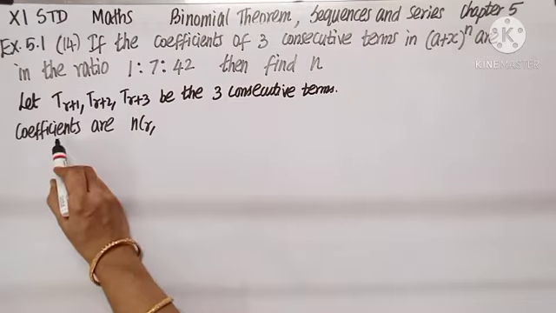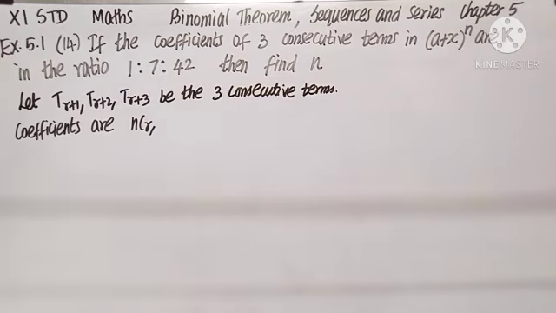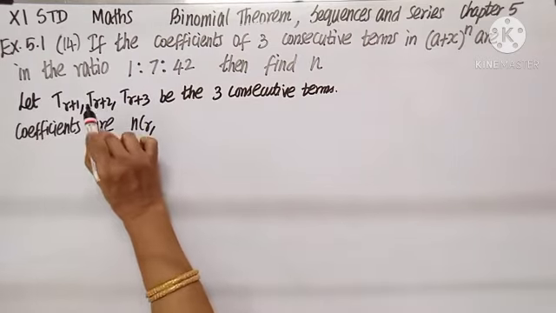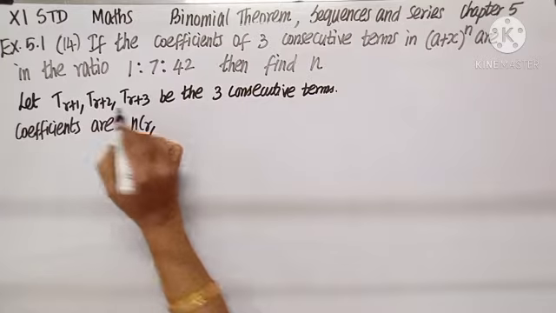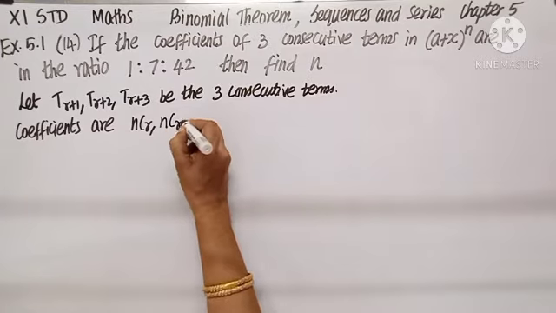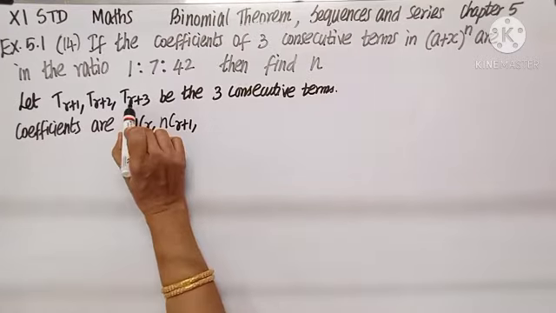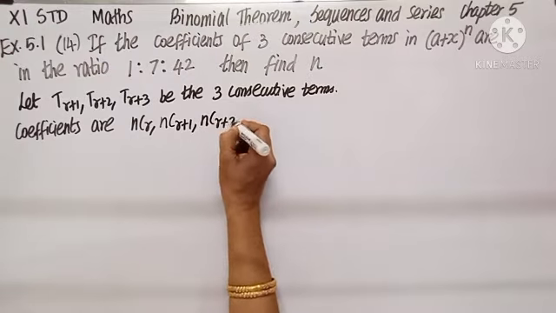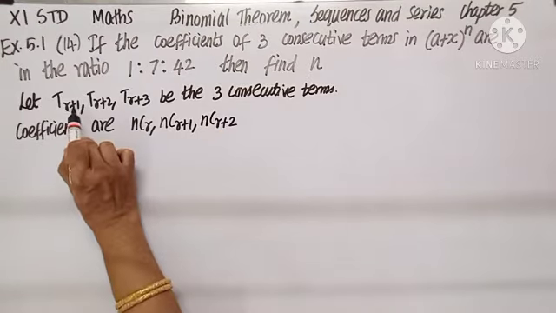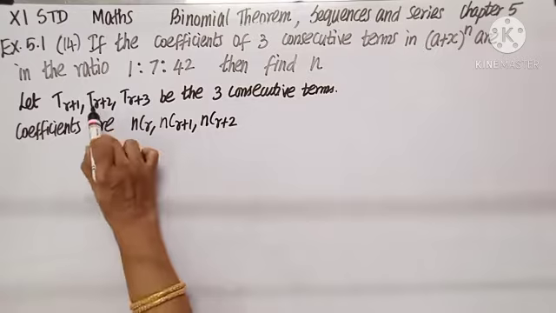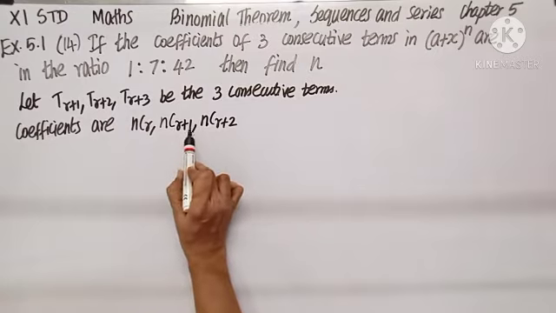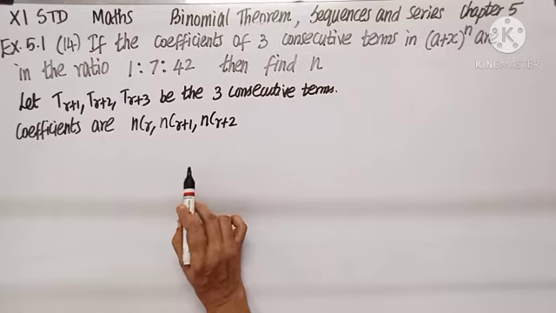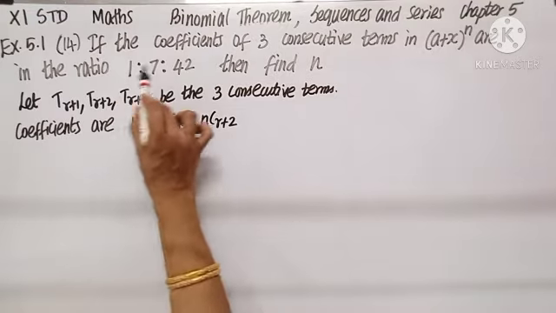What would be the coefficients for T(r+1)? As we know the formula, it is nCr. T(r+2), the next term, nC(r+1). T(r+3), the next term, nC(r+2).